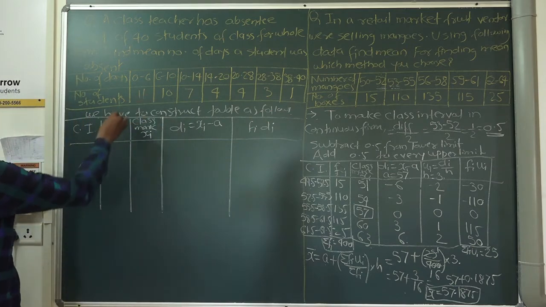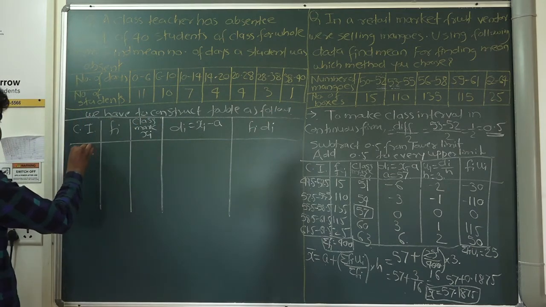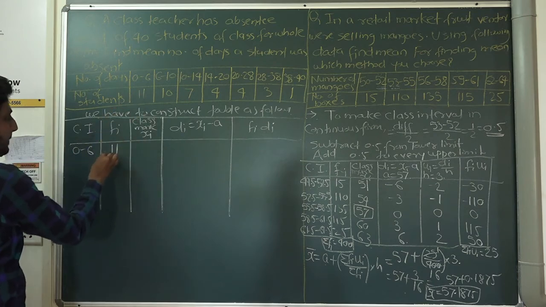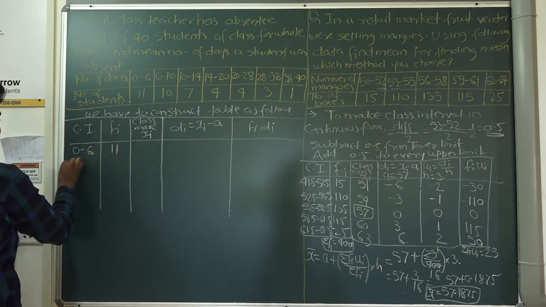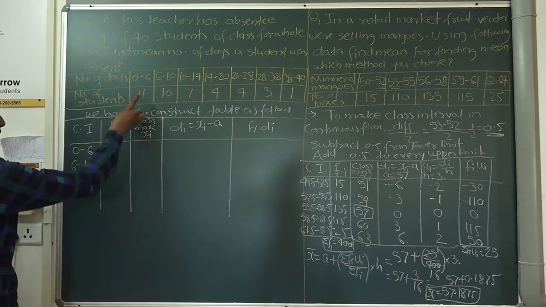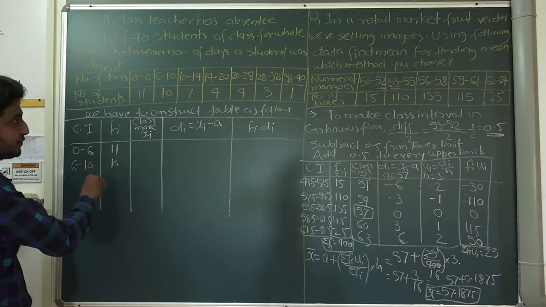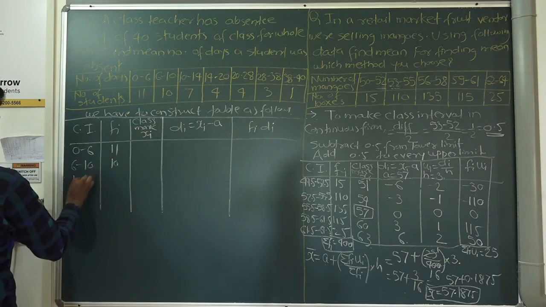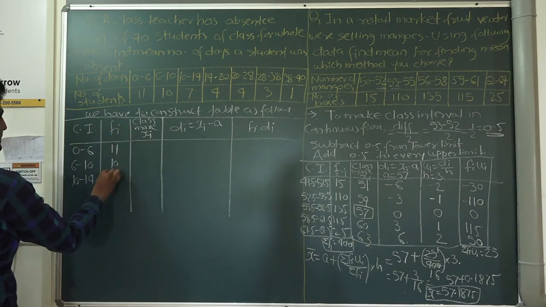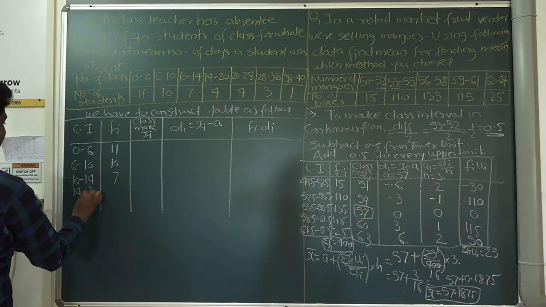Now the class interval given is 0 to 6, frequency is 11. Next class interval 6 to 10, frequency is 10. Next is 10 to 14, frequency is 7. Next is 14 to 20, frequency is 4.